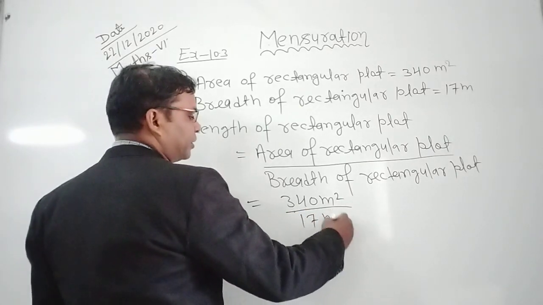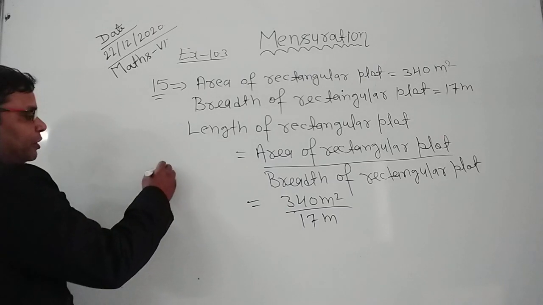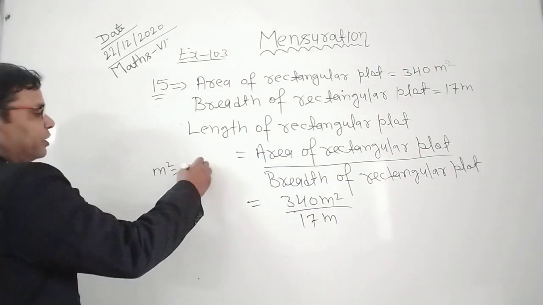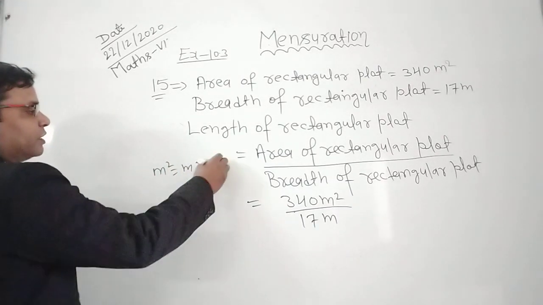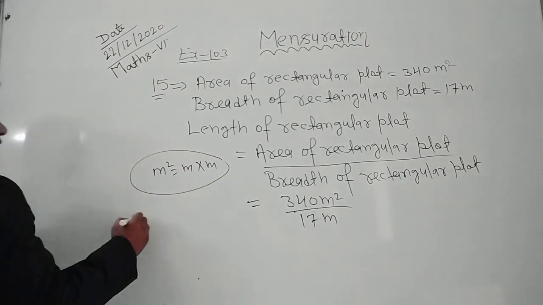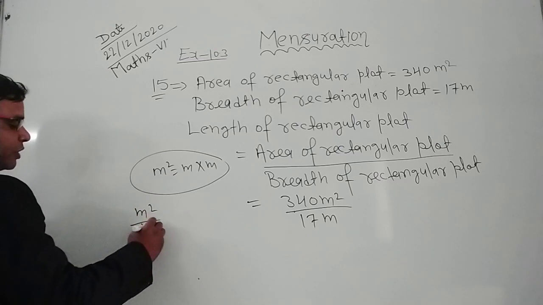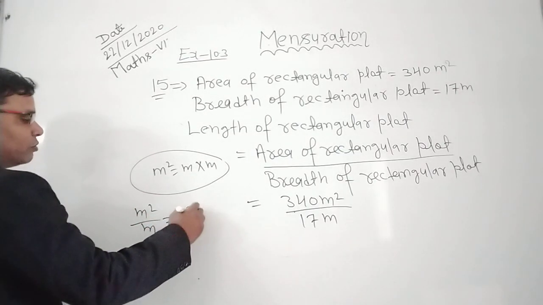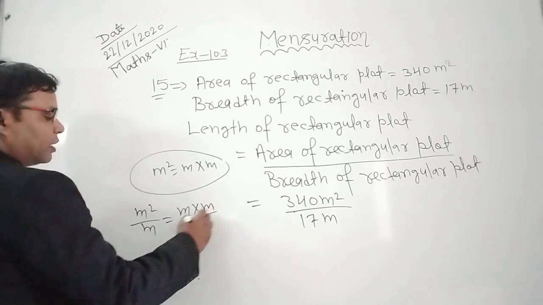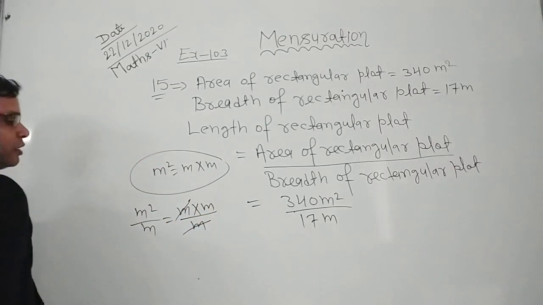17 meters. Students, you know very well meter square is equal to meter into meter. If you divide by meter, meter into meter is meter square, and divided by meter, one meter cancels with one meter.